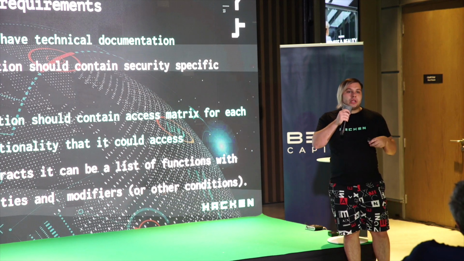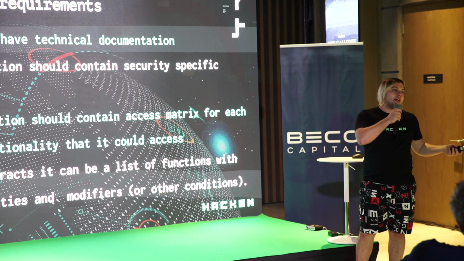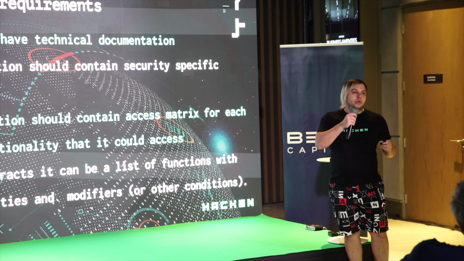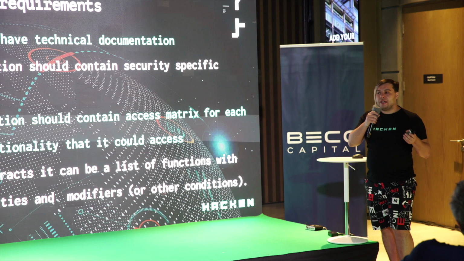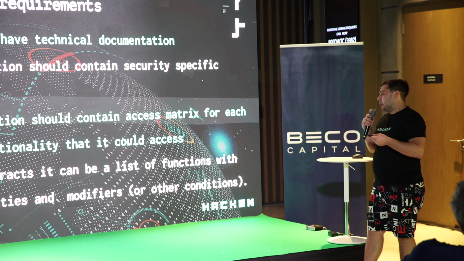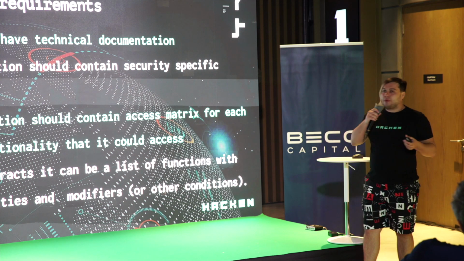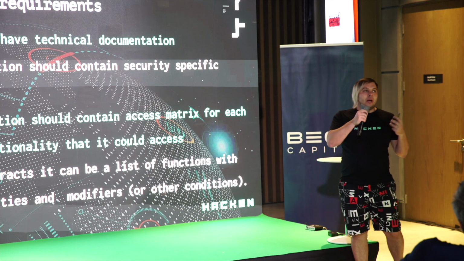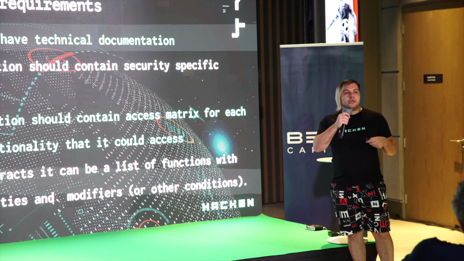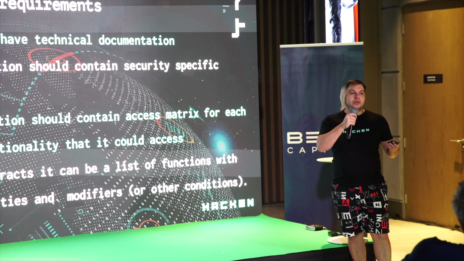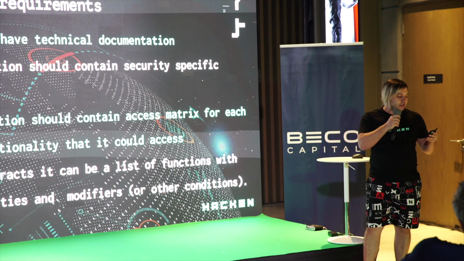You should understand who is the owner, who is the manager, who is a privileged user for the smart contract, and what the final access matrix is for it. It's also very good to have visibilities and modifiers predefined when you develop interfaces, before you go in and write the functions themselves.